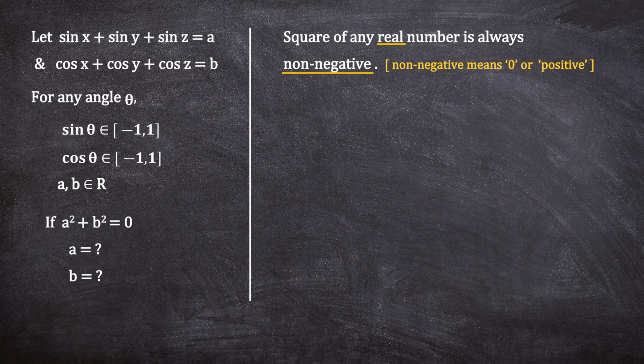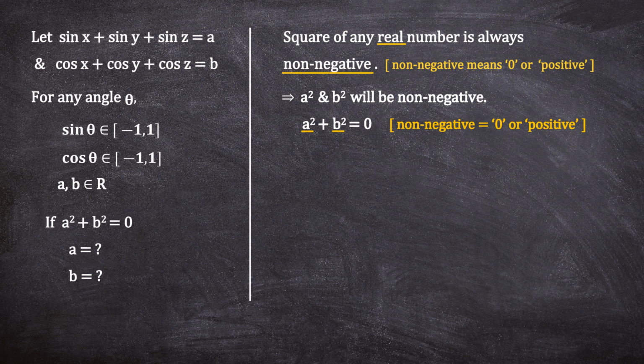So that's why in this case, a square and b square will be non-negative. Now this equation is saying that by adding two non-negative values, you will get 0. So first thing, we all know that by adding two positive numbers, we will never get 0. That's why this is possible only and only when a and b are individually 0. So a square equals 0 and b square equals 0, which further implies that a equals 0 and b equals 0.